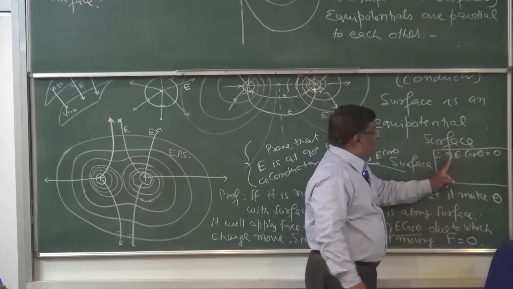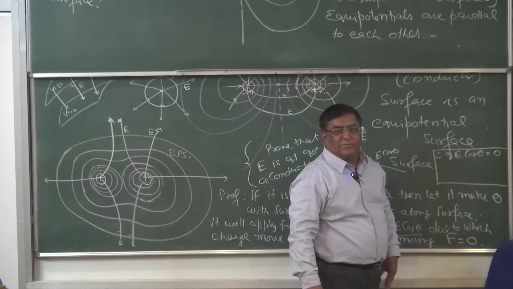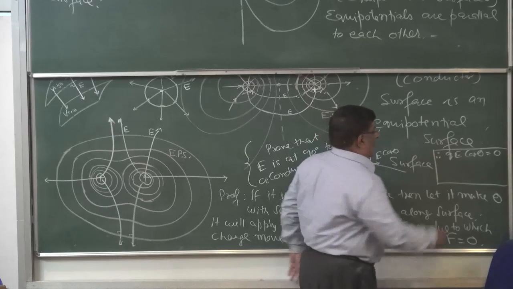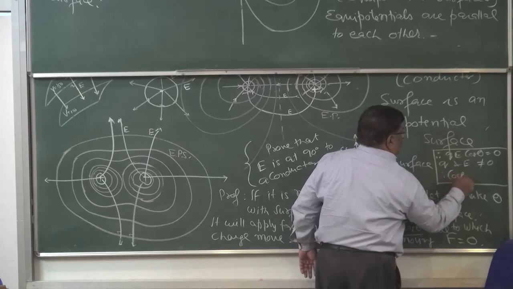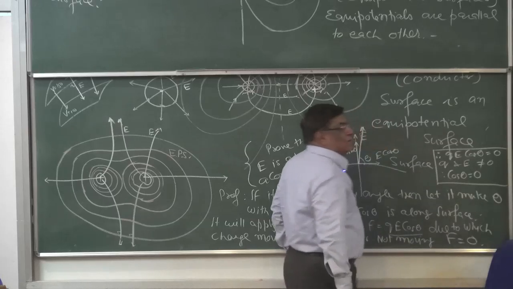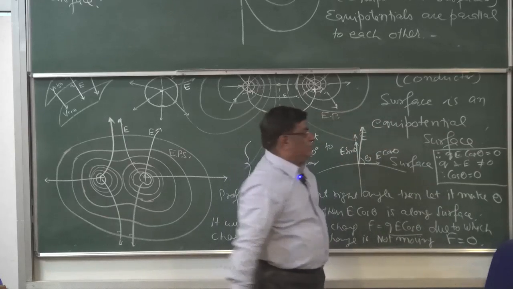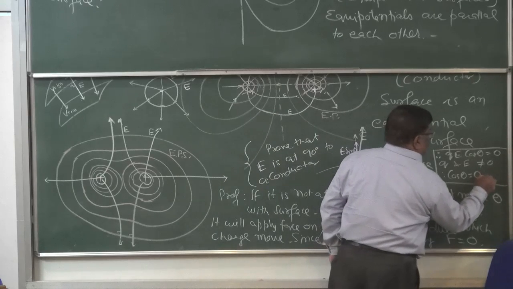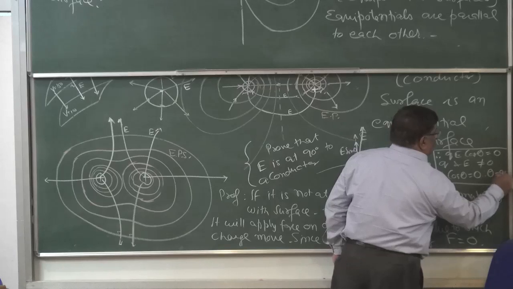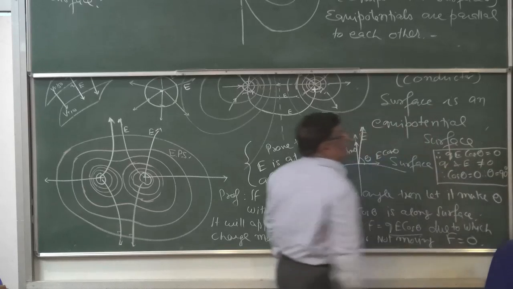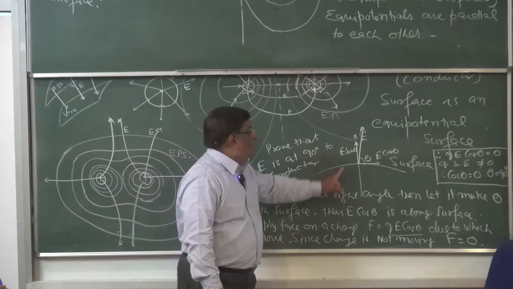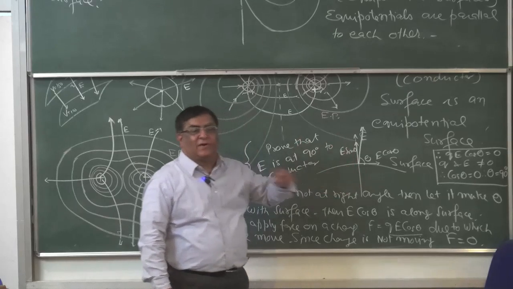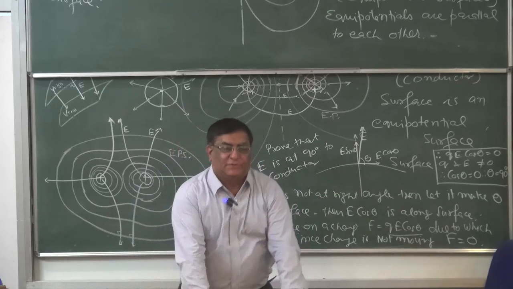Now Q is not 0, E is not 0, then what is 0? Cos theta is equal to 0. Therefore, how much is theta? Theta should be 90 degrees. Therefore, the electric field is always at right angle to the surface.